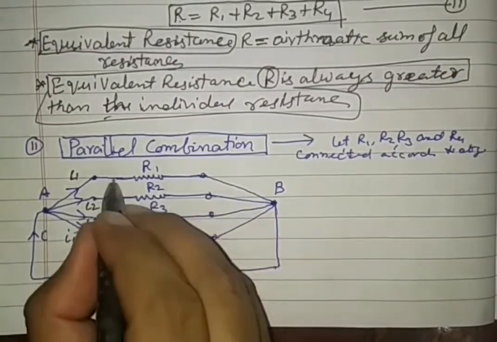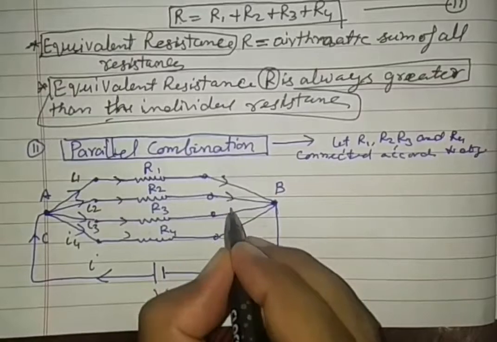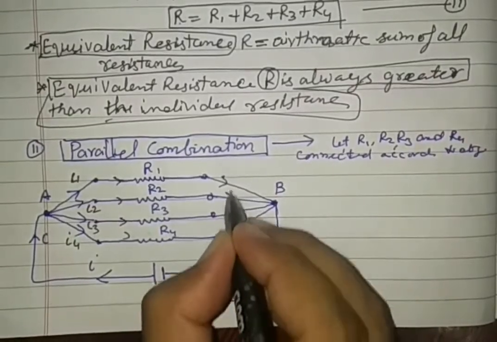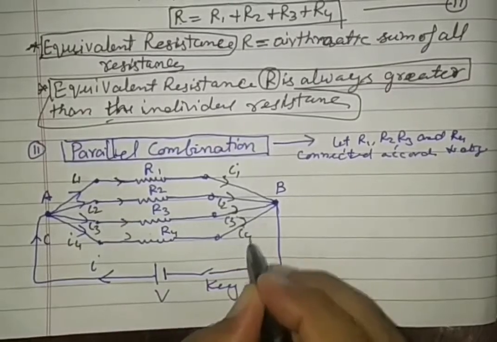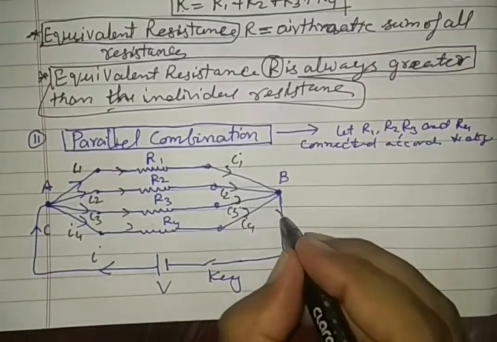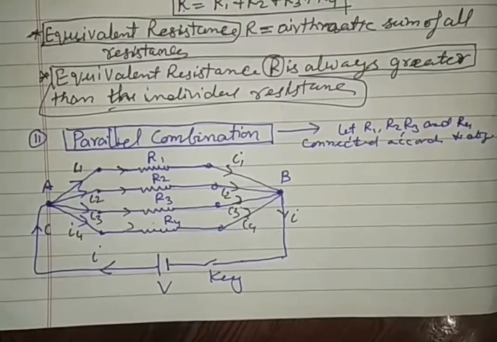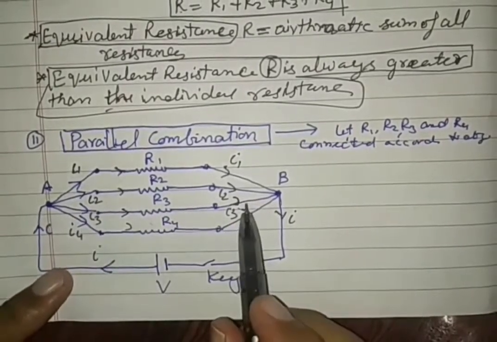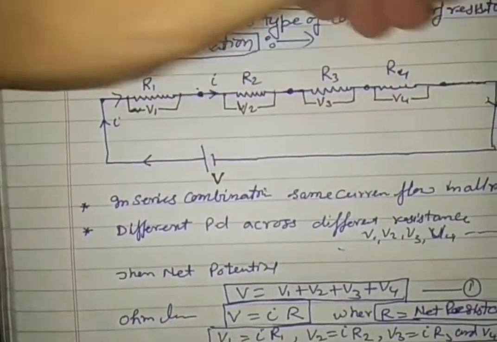Then they again combine and form the resultant current. So see very carefully, here the current is divided. In the previous case the potential was divided but the current was the same.